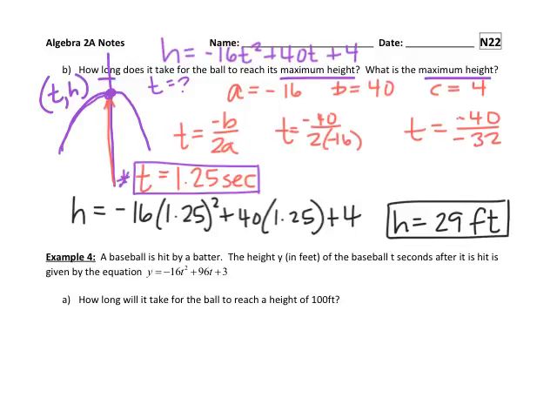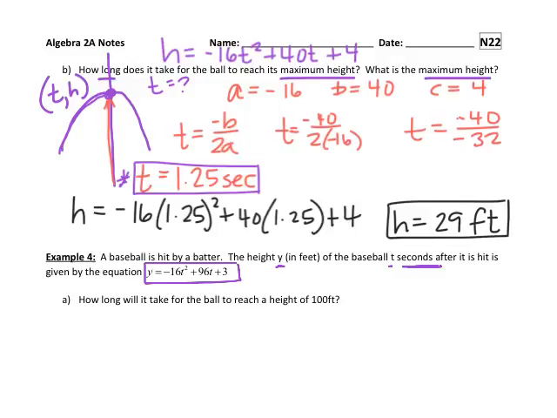Okay, for example number 4, I would like you to try to solve this. Here's the equation, and it's talking about a baseball being hit by a batter, and the height of the baseball is going to be in y feet. And then the seconds, how many seconds after it's hit, is going to be in the letter t.